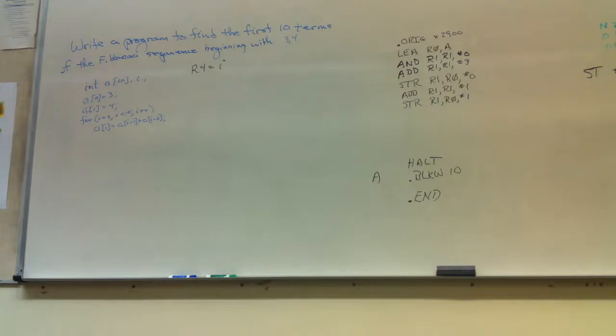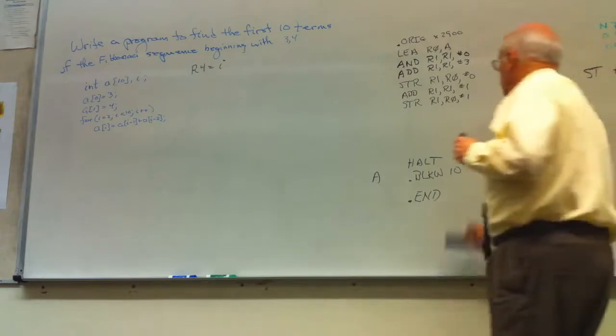Remember last time I showed you a way where you can go back and modify an instruction so that you can change that offset. That's kind of awkward. We'll change the base register instead. Now that's going to cost me one instruction here, but that approach is going to be better later on.